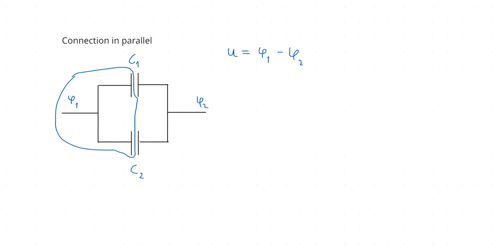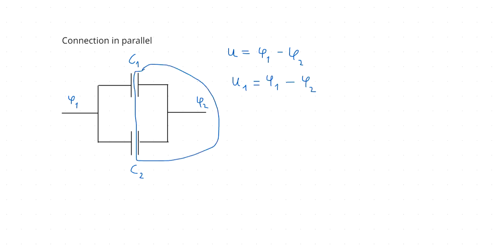So for the first capacitor, the potential difference will be phi1 minus phi2, because the left plate of this capacitor has potential phi1, and the second has potential phi2, because the right plates of both capacitors are part of the same conductor.